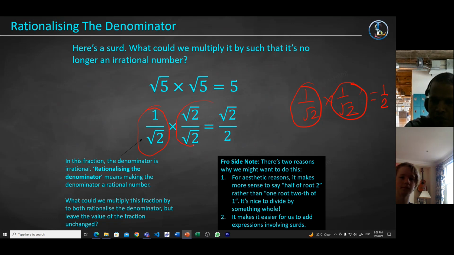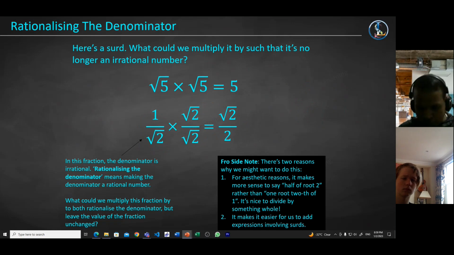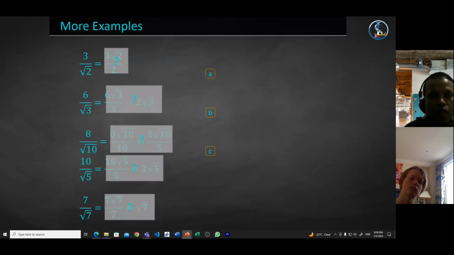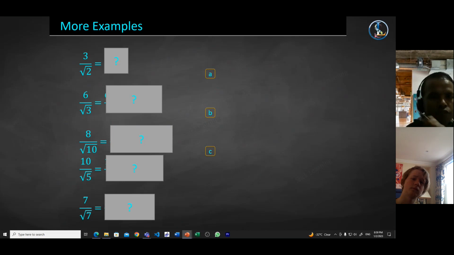So you multiply both the numerator and denominator by square root 2, so that the simplest form will be square root 2 over 2. That is called rationalization. Like that, you can do the simplification by converting into rational form.